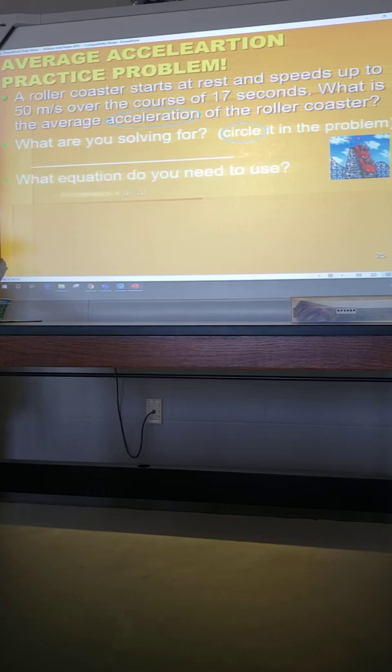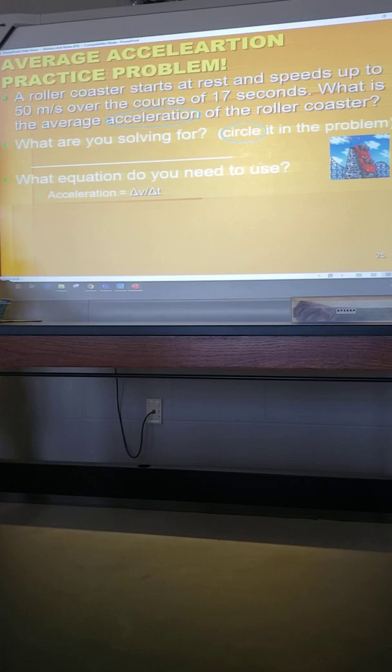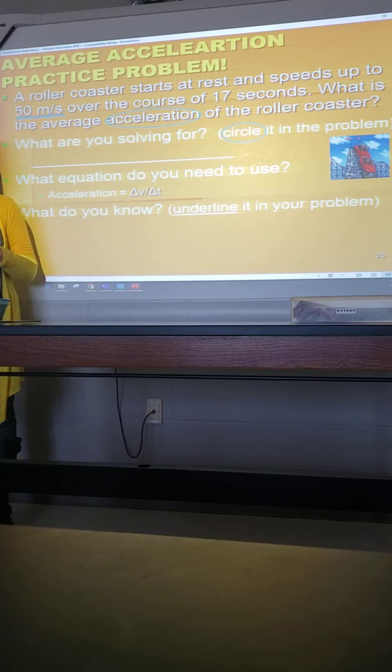Hopefully it gave us 2 variables that we need. For solving for acceleration, the equation we'll use is our change in velocity divided by our change in time. We didn't have to rearrange that triangle equation at all. Now we're going to underline the information given. We are given 15 meters per second. What is our second piece of information that's given there?